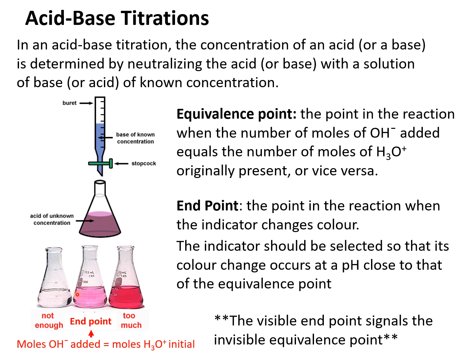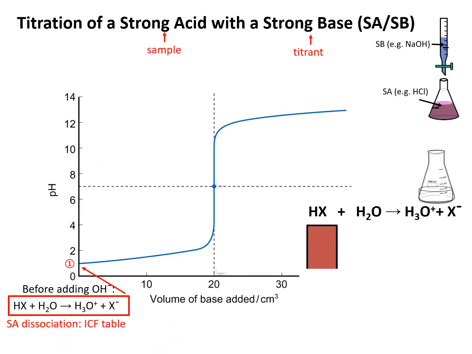However, in the middle here, we've added just enough titrant to match the endpoint. And at this point, the moles of hydroxide that are added equals the number of moles of H3O+ that were originally present in our sample. In this example, we have the titration of a strong acid, which is our sample, with a strong base, which is our titrant.